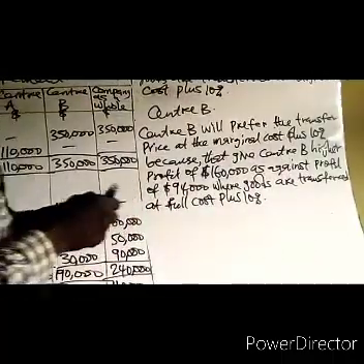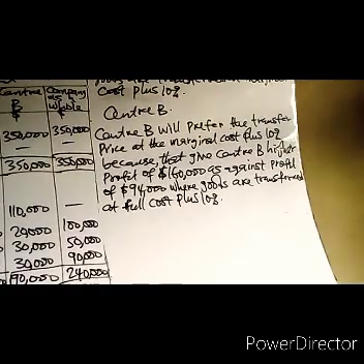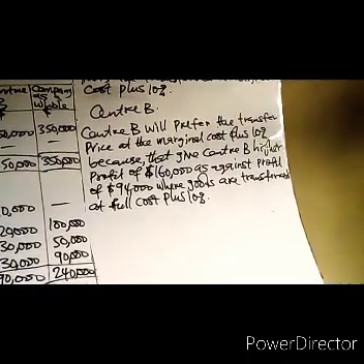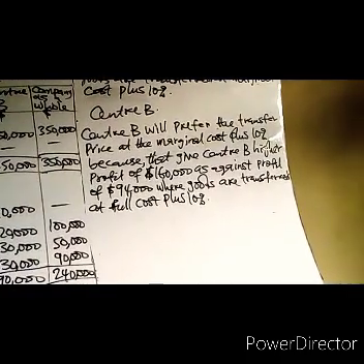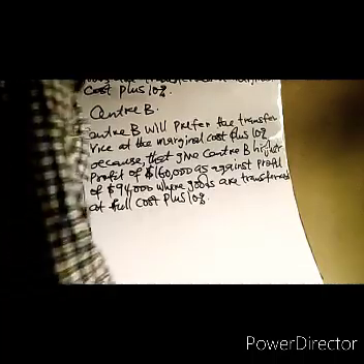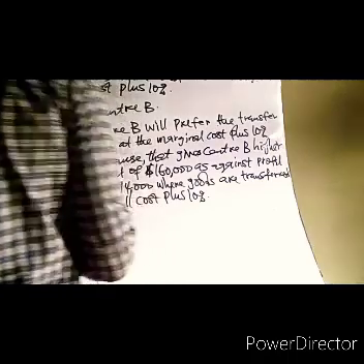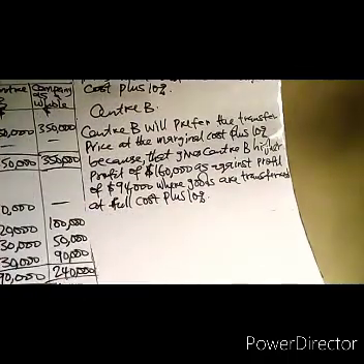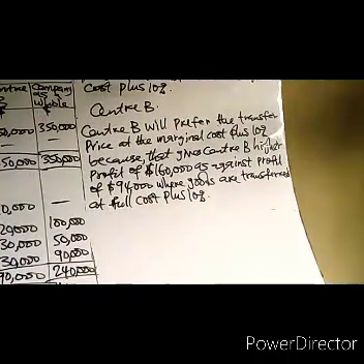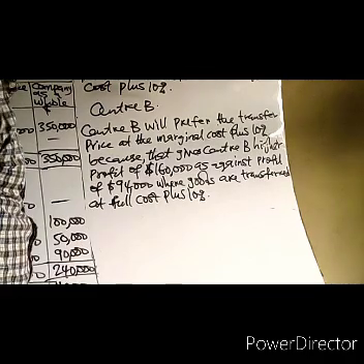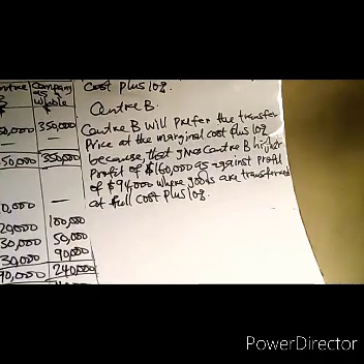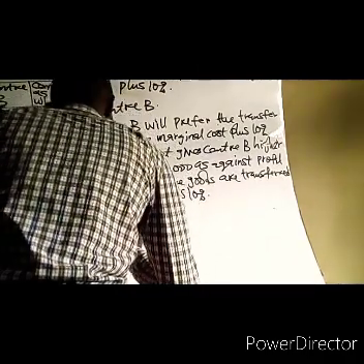Center B will prefer the transfer price at marginal cost plus 10%, because that gives center B higher profit of $160,000 as against profit of $94,000 where goods are transferred at full cost plus 10%.